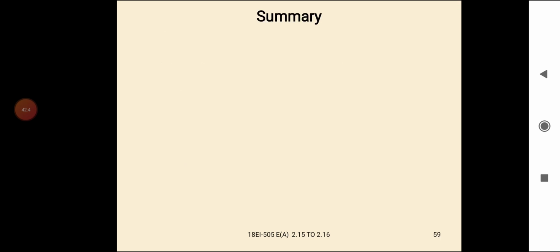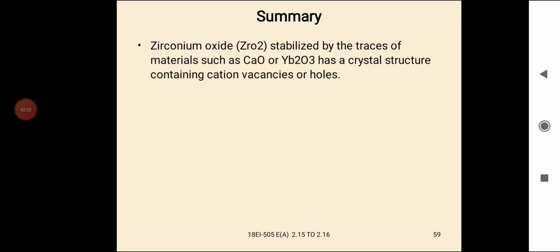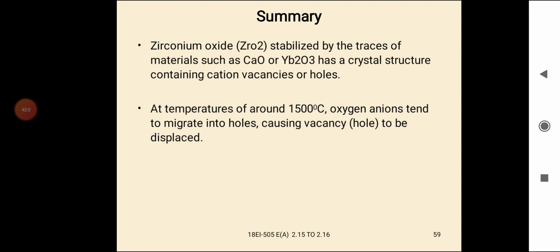Summary: zirconium oxide stabilized by traces of materials such as calcium oxide or yttrium oxide Yb2O3 has a crystal structure containing cation vacancies or holes.